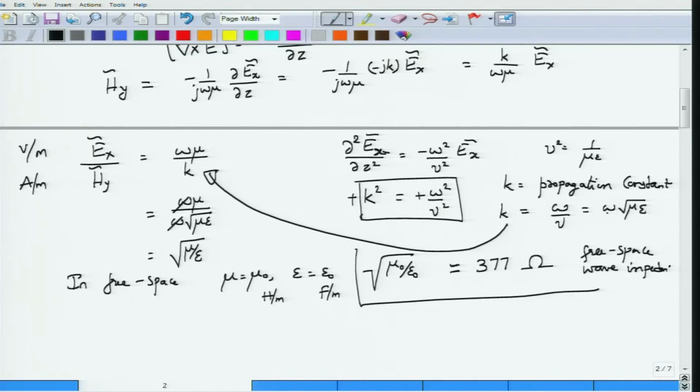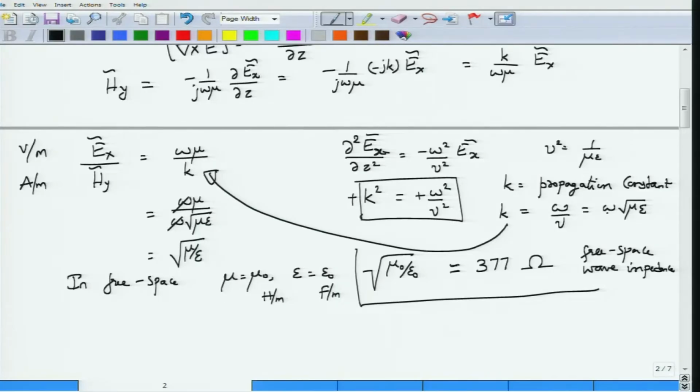Okay. So one imagines that free space or vacuum is kind of an impedance medium. It's kind of a resistance, but a generalized resistance in the form of an impedance, an impedance for electric field to magnetic field ratios, because electric field is volt per meter, magnetic field is ampere per meter.